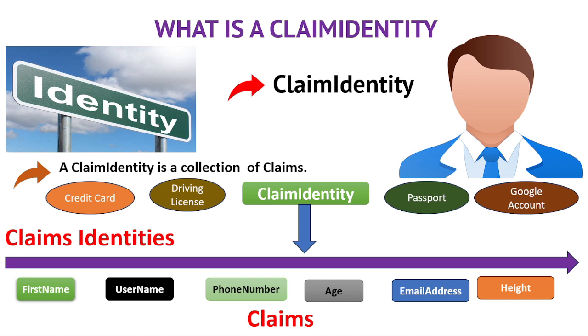So claim identity, a person can have a credit card, which has some claims. A person can have a driving license, which has some claims, and even a person can have a passport, which has some claims, and even a Google account. So the claim identity type is only a wrapper for a bunch of claims, which makes sense. So the identity of a person is based on several statements about him.